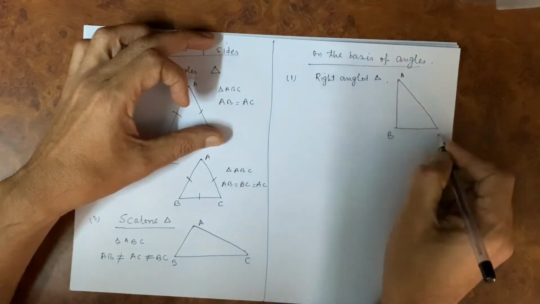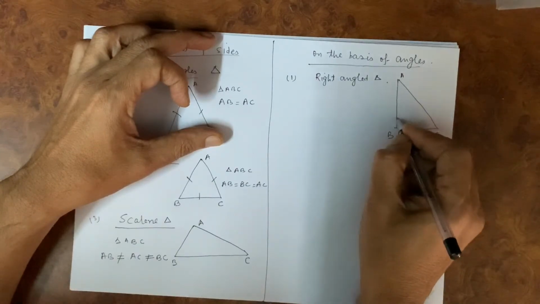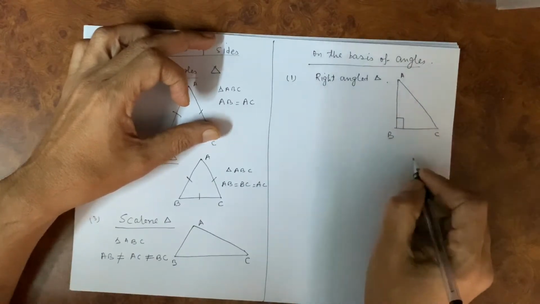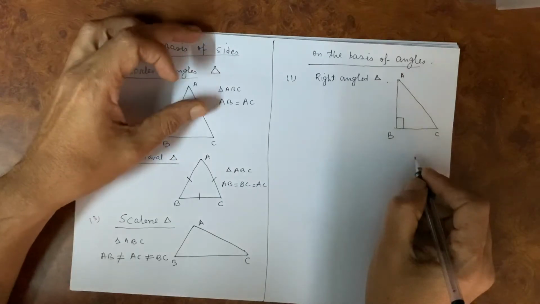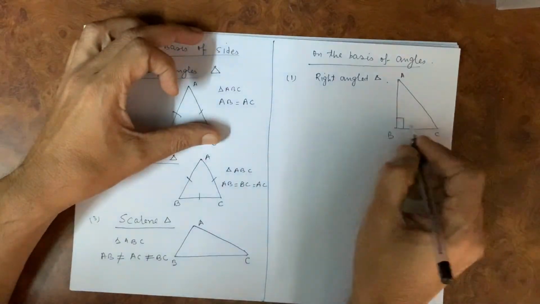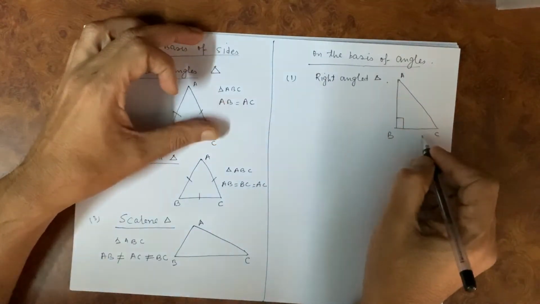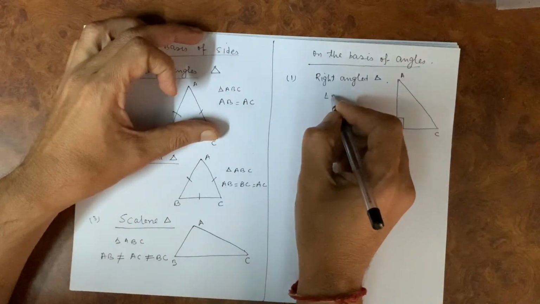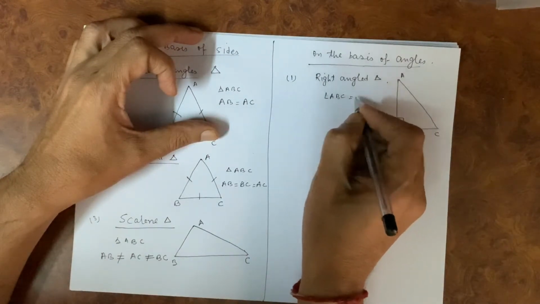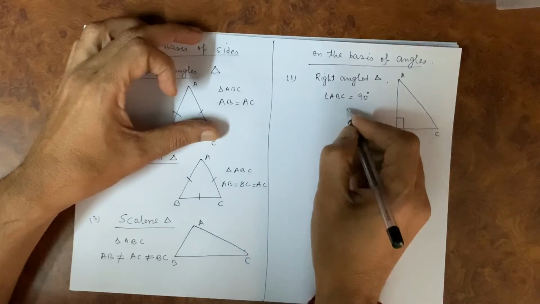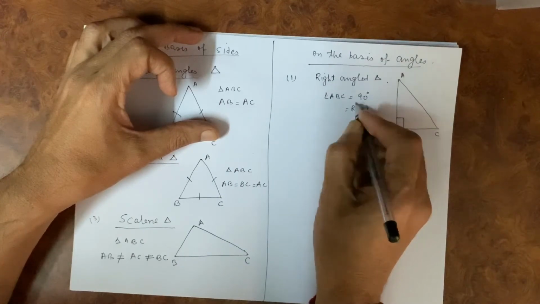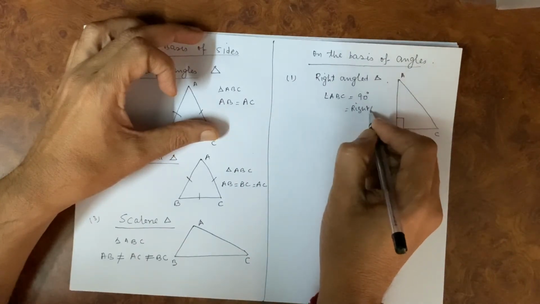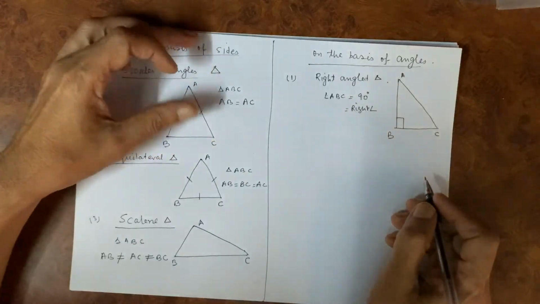Here in this triangle ABC, we see that angle B is equal to 90 degree. Angle ABC is equal to 90 degree. This type of triangle is called right angle triangle.